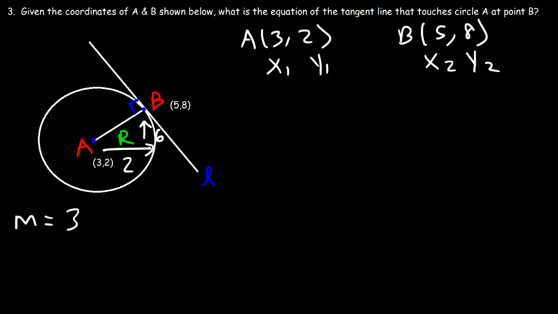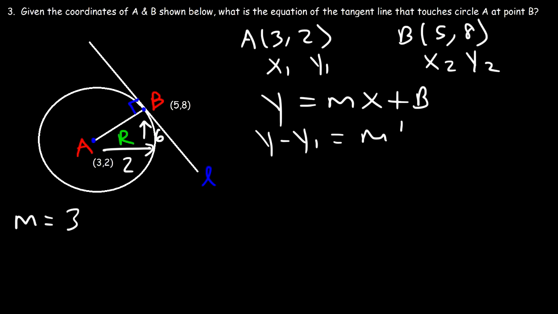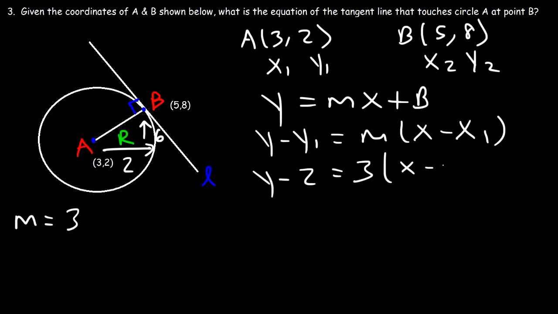So now that we have the slope, we can write the equation of the line. Now we can use the slope-intercept formula, or we can use the point-slope formula. There's many ways to do this, but I'm going to use the point-slope formula. So y1 is 2, m is 3, x1 is 3, based on those values.